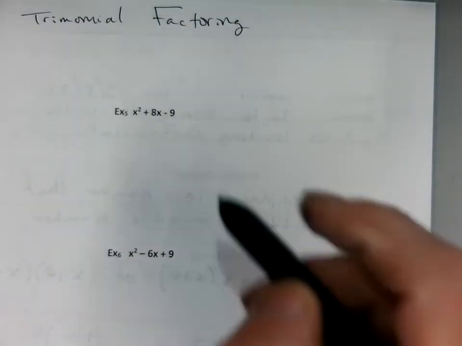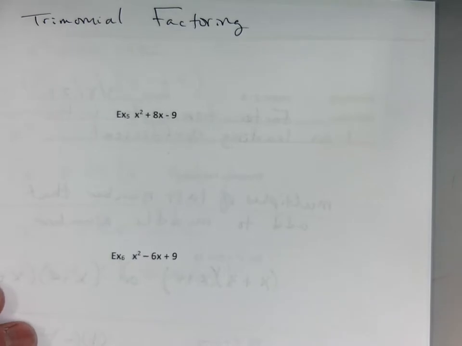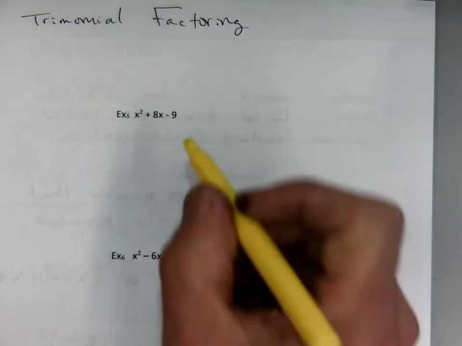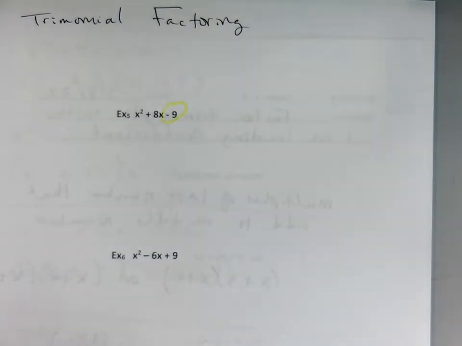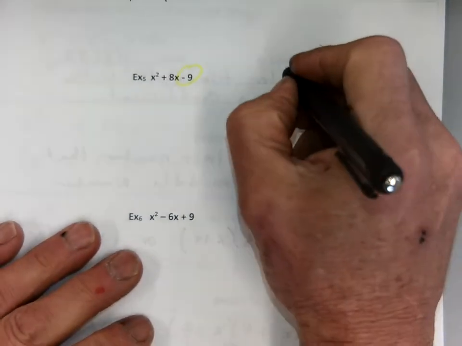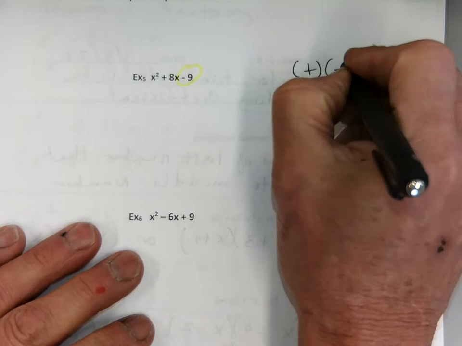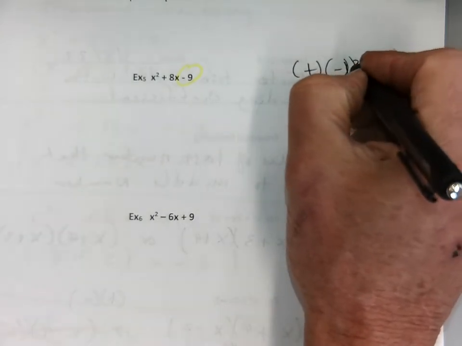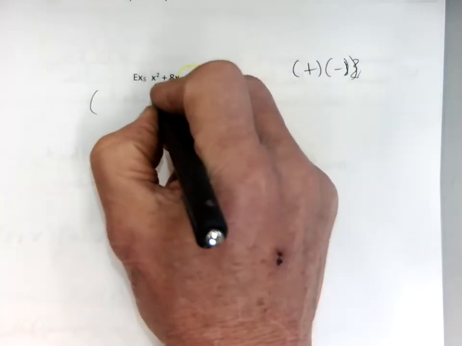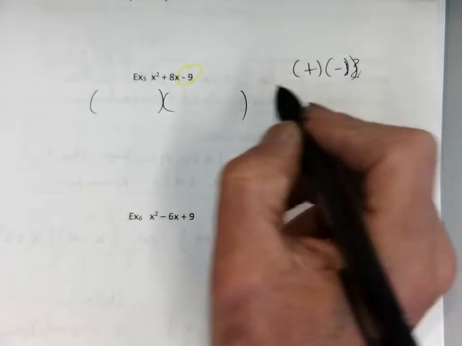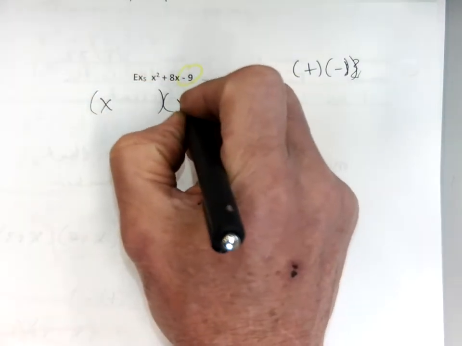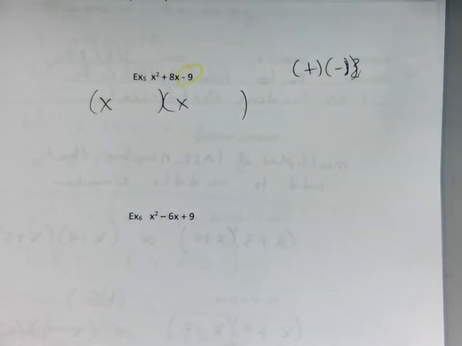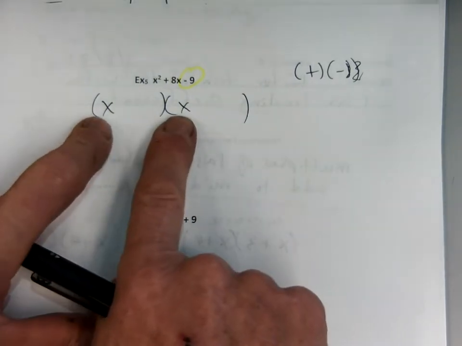Okay, example 5. Again, I have a negative 9. So I'm going to need a positive and a negative, right? So I have to start here. X, right? I have to have the x to make the x squared.